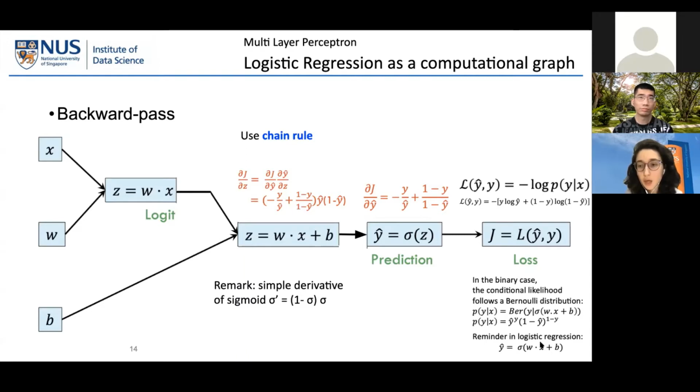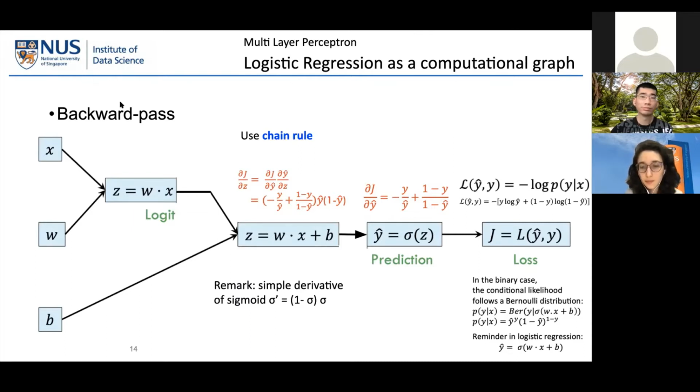And if we replace y hat by the expression of the logistic regression, it is replaced here. So if it follows a binary distribution, then we can compute the negative log likelihood. We can express it here, right? Okay.